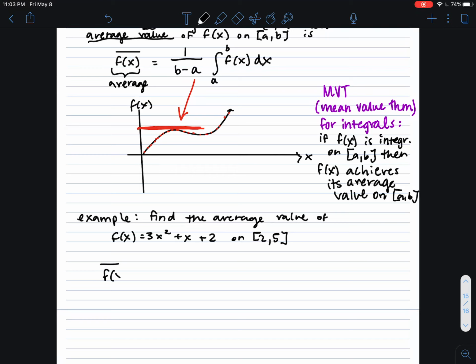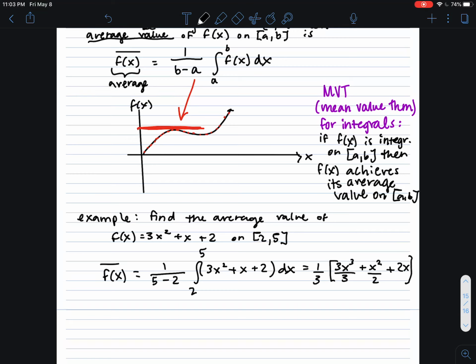So using our formula, the average value of f of x is going to be 1 over our top bound minus our bottom bound, so 5 minus 2, times the integral from 2 to 5 of our function, and that is 1 over 3 times 3x cubed over 3 plus x squared over 2 plus 2x.